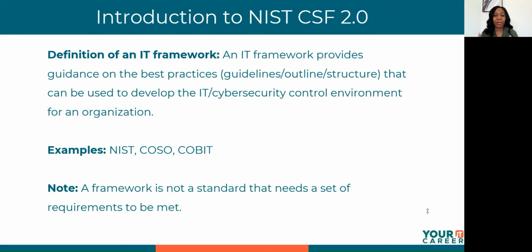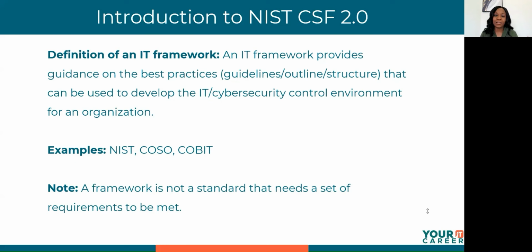So based on that, right, some examples we know are NIST, and there are so many different frameworks for NIST, right? We have CSF, RMF, 853, there's so many different ones, but that's an example. We have COSO, we have COBIT, right? But the key thing I want you to learn or remember is that the framework is not a standard. So this is not SSAE 18, it's not PCI, and it's not a law like SOX that says you must meet this requirement.